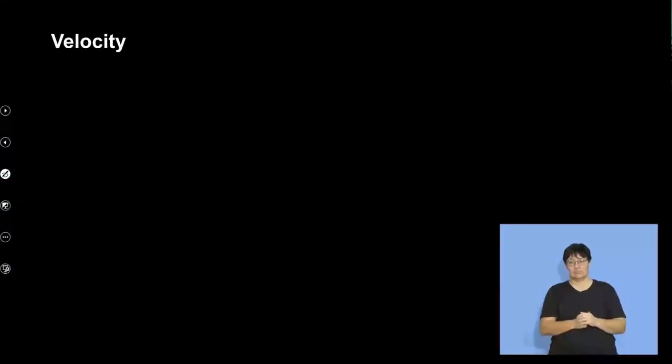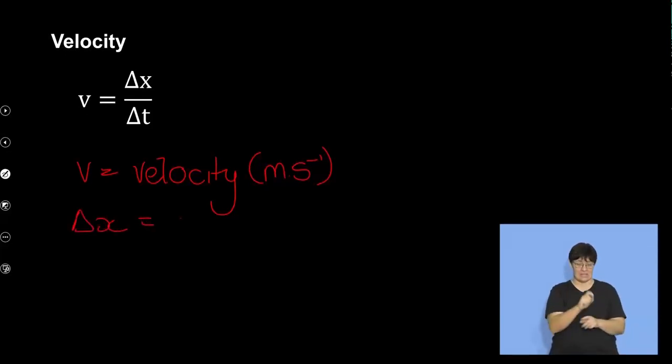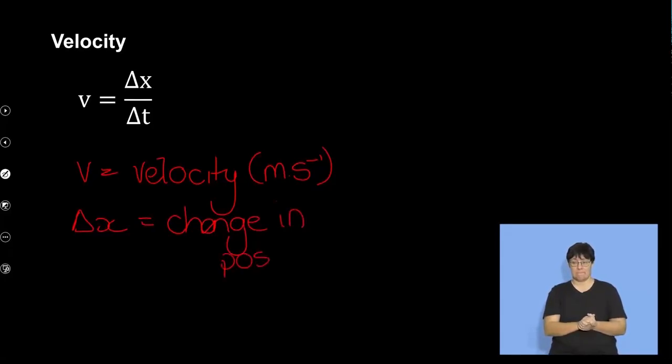So, we look at our equation. Now it looks a little bit different. V is velocity, measured in meters per second, same units as speed. Delta x is my change in position, measured in meters.